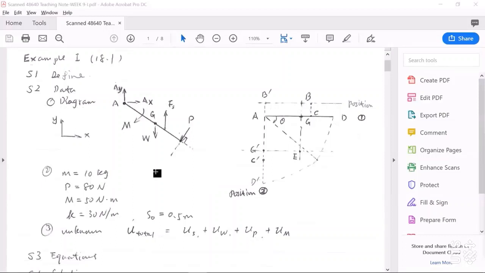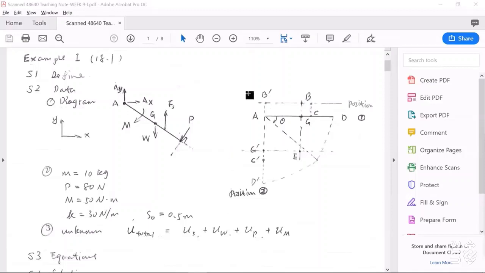Okay, now I will solve this problem. For a problem solved by the work and energy method, we need a free body diagram to show all external forces. And we also need a diagram to show the process and the positions.